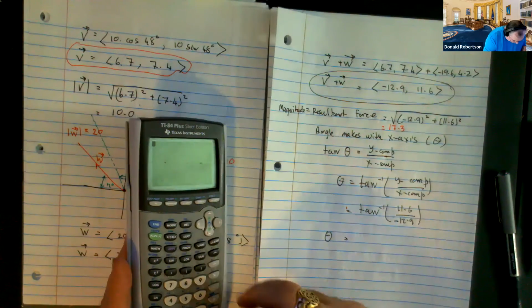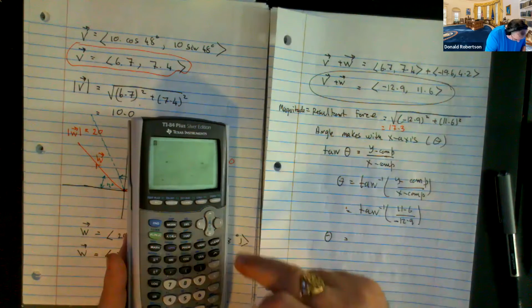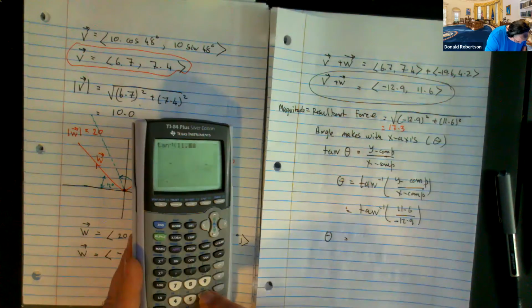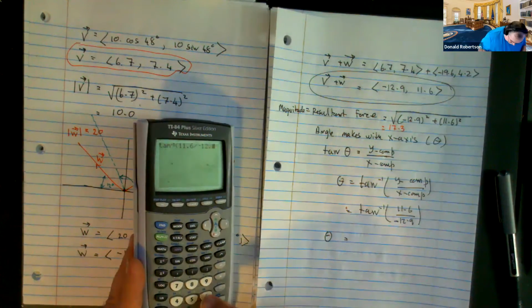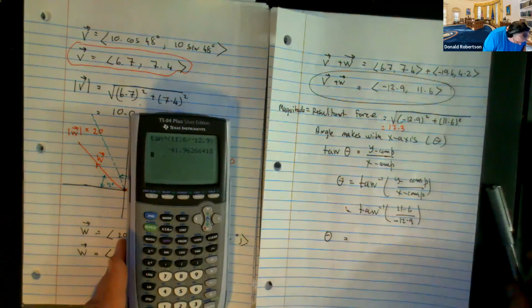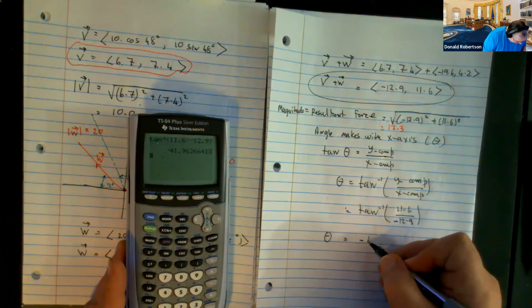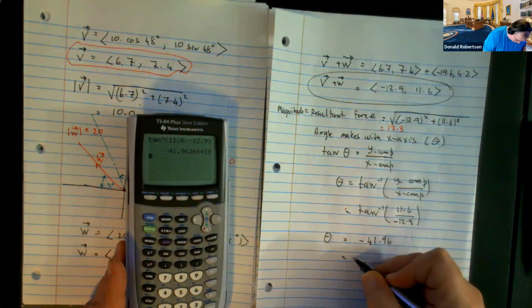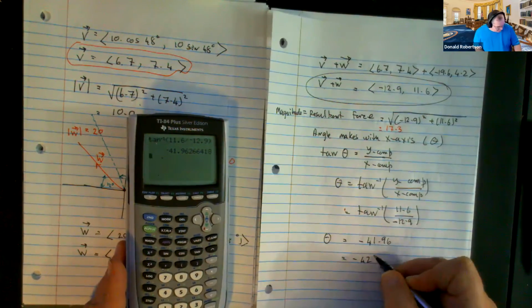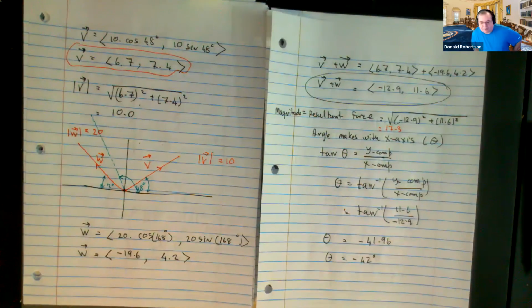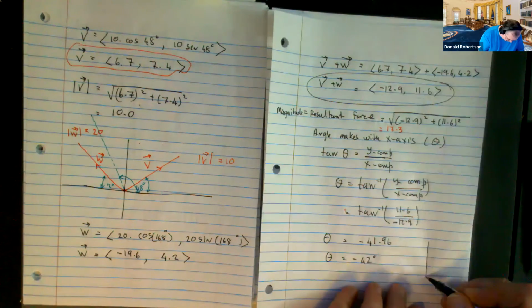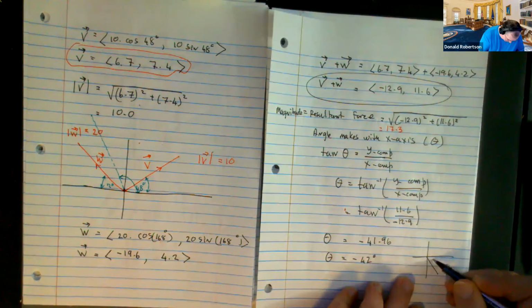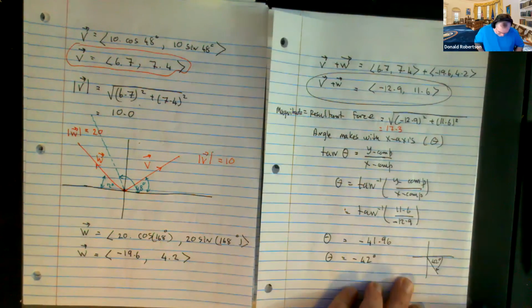So the inverse tan of 11.6 divided by negative 12.9 is negative 41.96, which, if I'm rounding off to, we get that. But that is definitely not the right answer. That guy is down here. Isn't that what negative 42 degrees looks like?